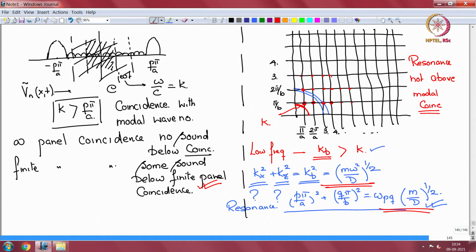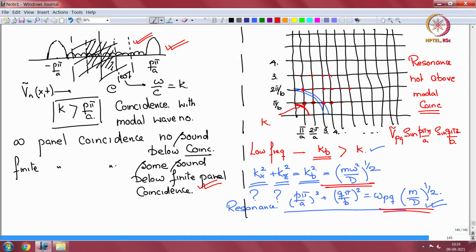But what is happening? Just as in the 1D case, because it's a finite panel, and you have V tilde PQ sine P pi x by A and sine Q pi Z by B occurring on a finite dimension, you will have scattered wave numbers like this picture.